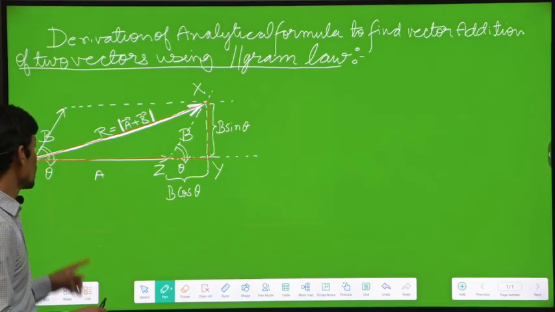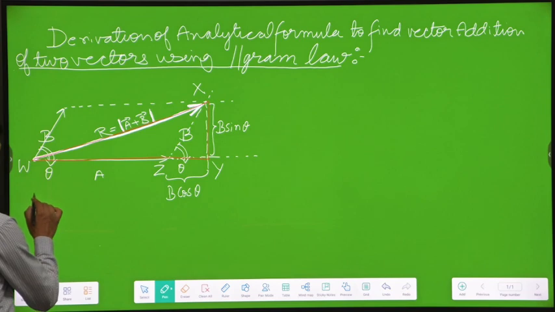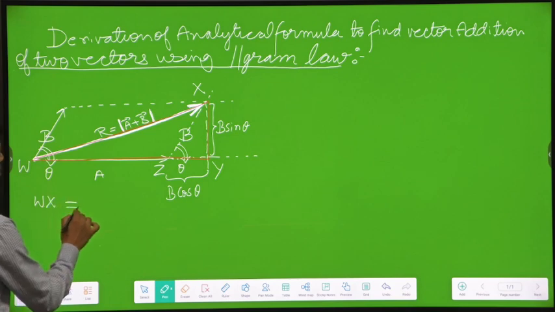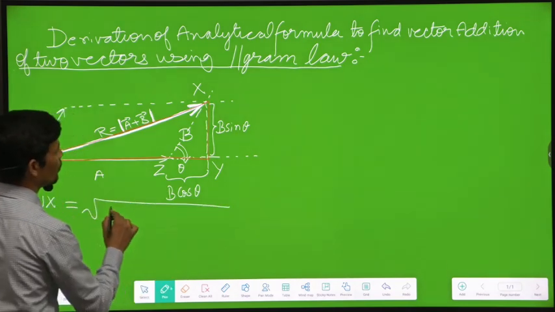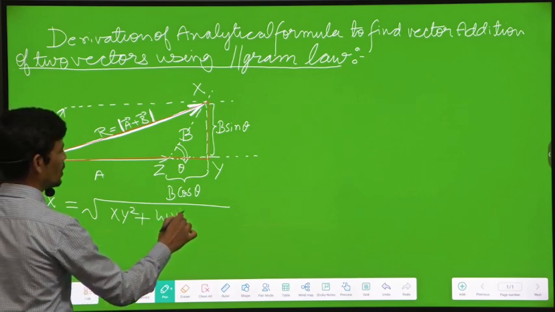Now see, if we want to find this resultant R, then we'll use the Pythagoras theorem. So WX is equal to the root of XY square plus WY square.